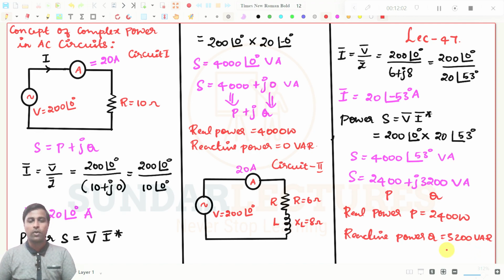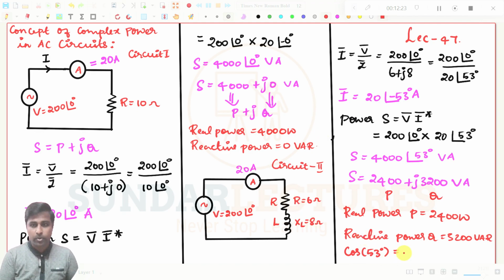So if you want to calculate the power factor in this particular circuit, maybe I will write here, what is the power factor. This is the phi value, right? If you take the cos of 53 degrees, you will get 0.602.